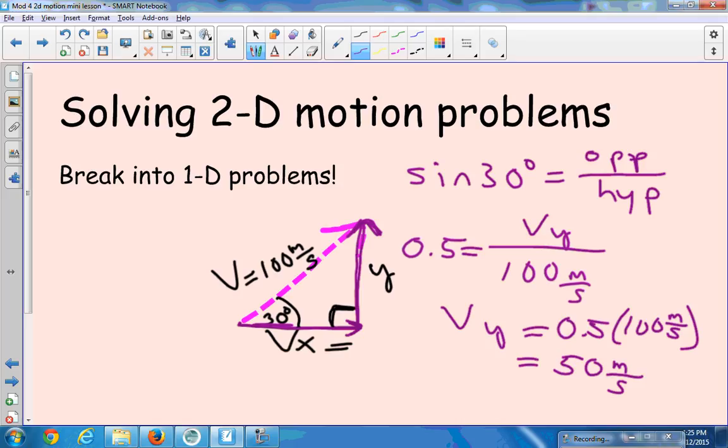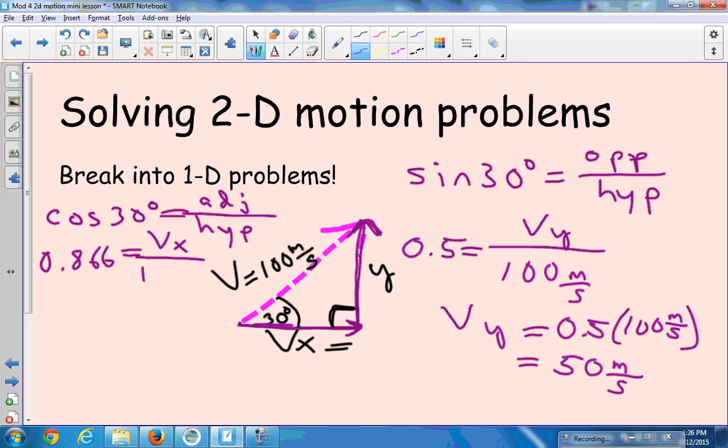Likewise, to find V of x, we would use the cosine. So cosine of 30 degrees, coffin and holler for Tom's old hand sign on coffin. Cosine is adjacent over hypotenuse. So I end up with cosine of 30, again, you may remember, or use your calculator, is 0.866 equals adjacent, that's V of x, over the hypotenuse, 100 meters per second.